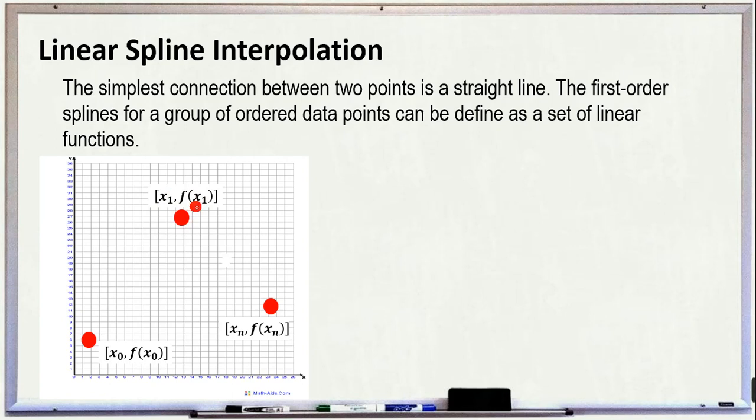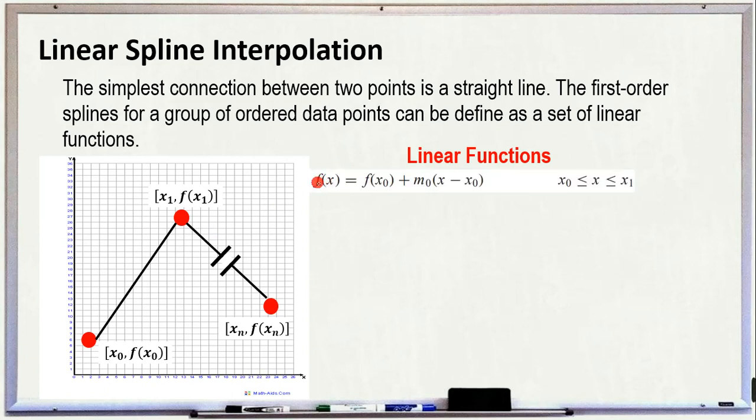By the way, f of x1 is simply our dependent variable, or the variable y. And we also have our last data point, whose coordinates are xn and f of xn. Now we are going to connect these data points by a line, as you can see. These are the linear functions that are being generated from the given graph.